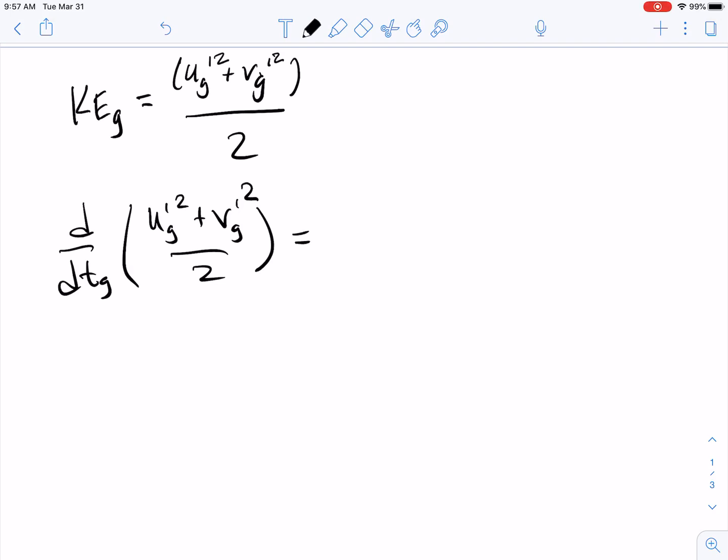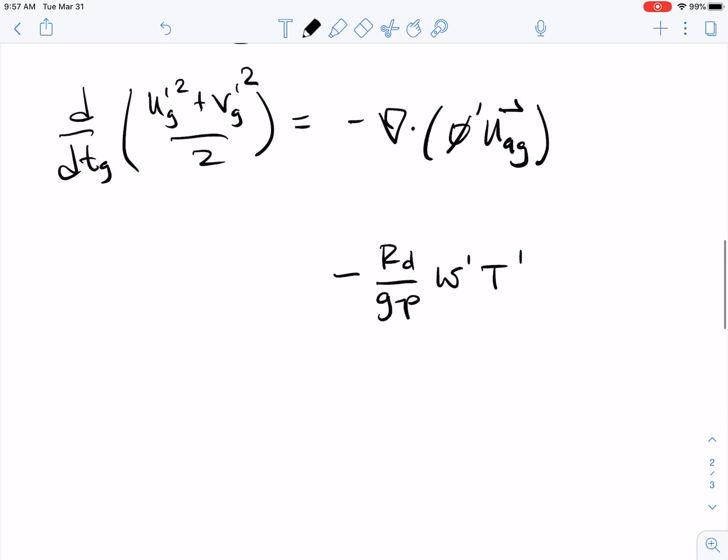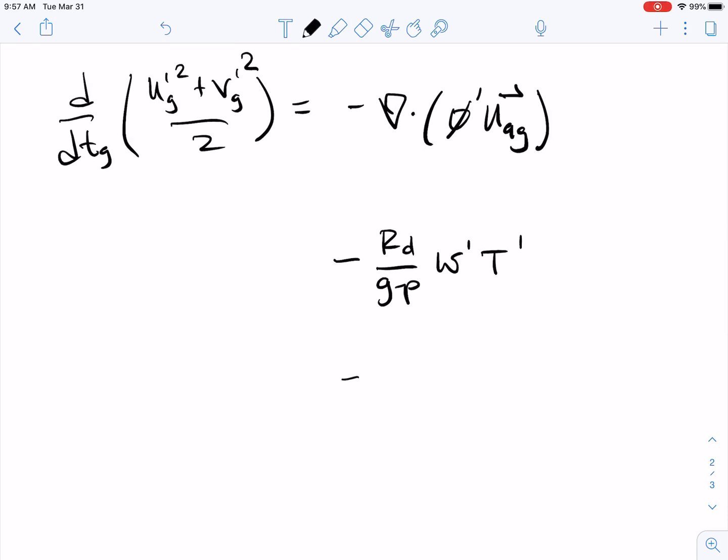And so the first term can be written as minus del dot the quantity phi prime, so our perturbed state, times the ageostrophic wind vector. Our second term, minus Rd over g times p times omega prime T prime. And our third term, minus Ug prime Vg prime dUg bar dp.